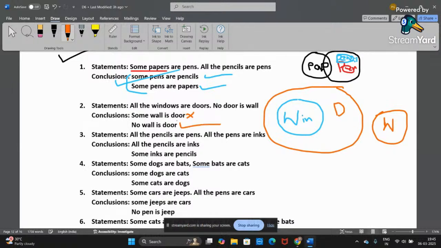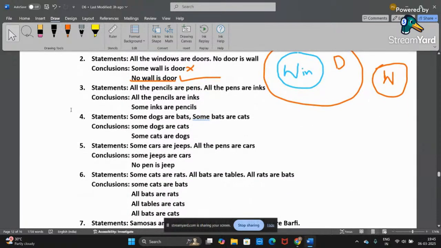So this is right. In this, the second conclusion is the right answer. So let's move on to the next one. All the pencils are pen. Okay, let's write it down.